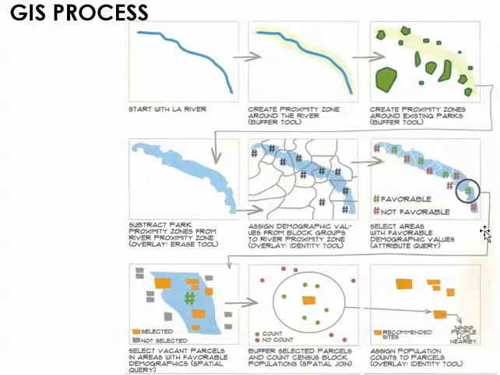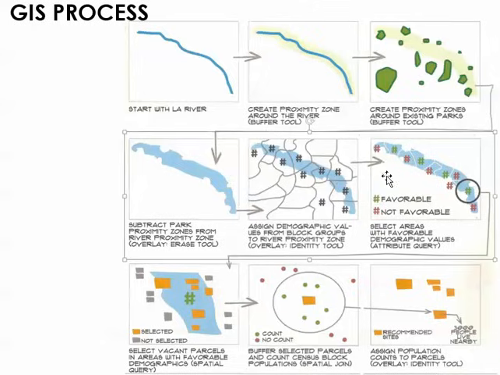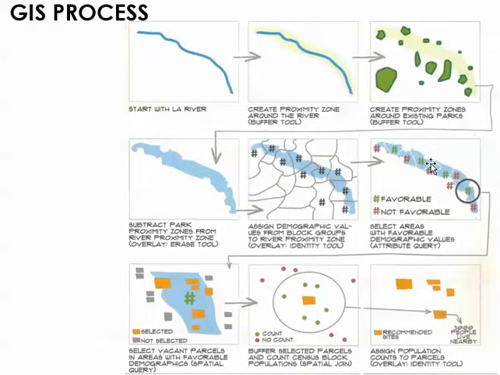So they had a very detailed list of criteria for the people. And so the third step was to designate, of that buffer zone, or of that area where they want to build more parks, where is the population more favorable or less favorable? Where is this park likely going to get the most use based on that population?